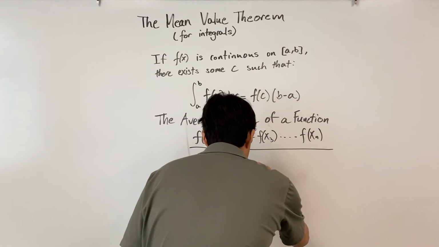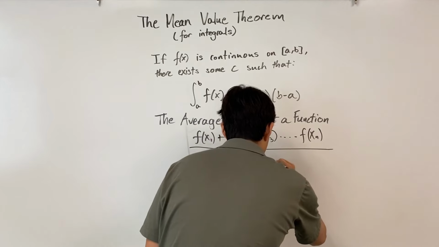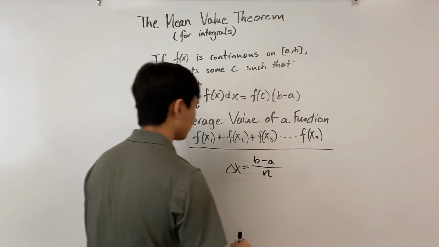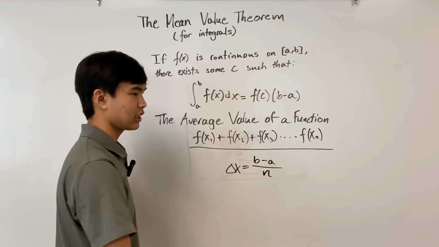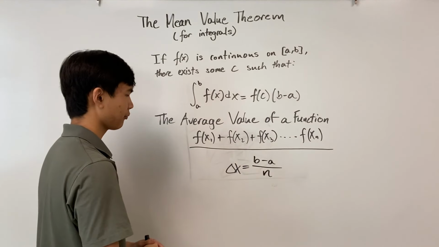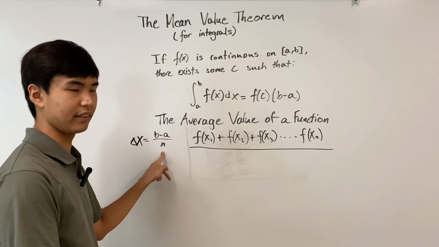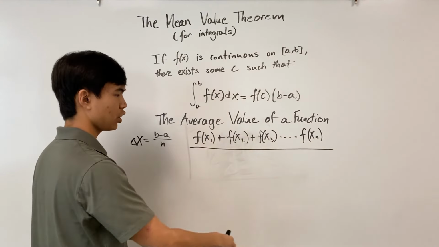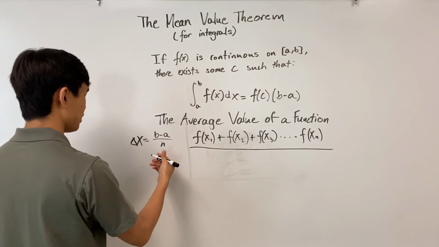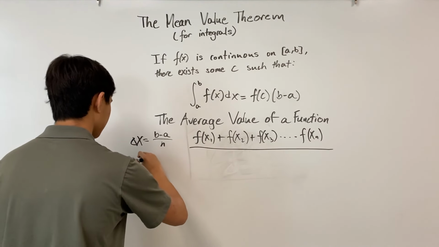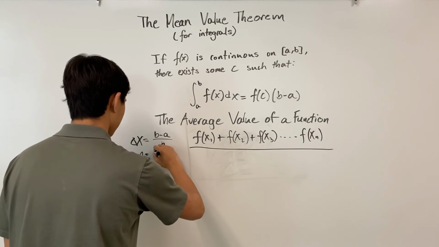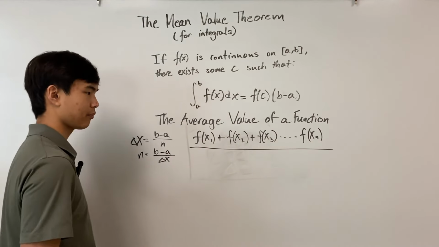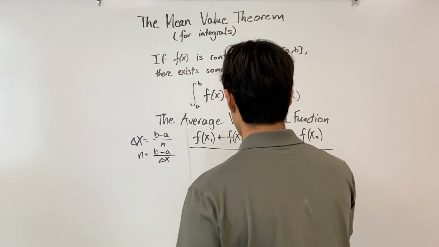And this delta x is b minus a, the function width, over n, which is the number of subdivisions we're splitting into. But we want to solve for n, because we have n values up here, so we need to divide by n. So when we solve for n here, we get n is b minus a over delta x. So we can write this as our denominator.